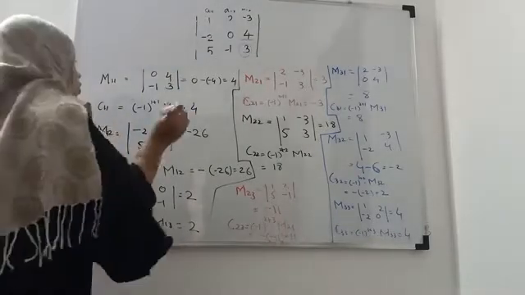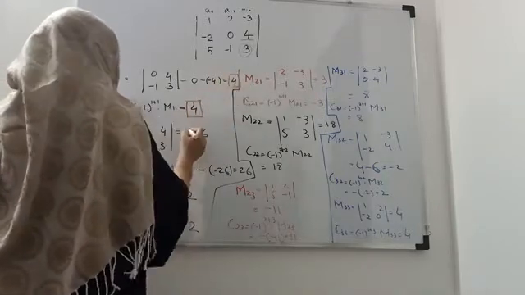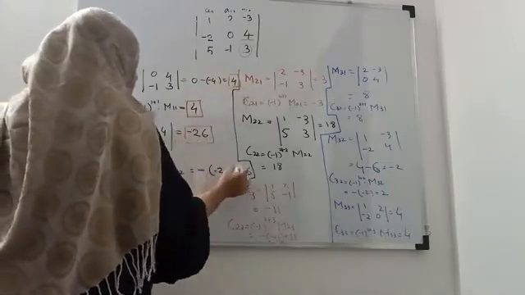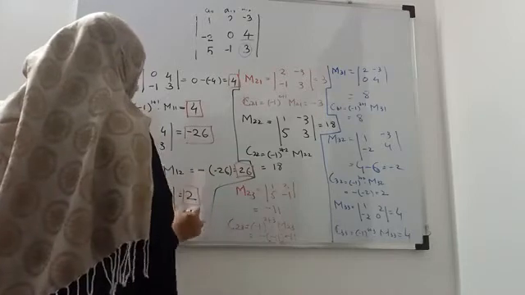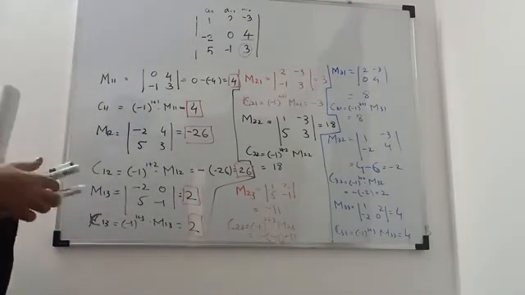So the cofactors are these, and these are the minors. There are a total of 9 cofactors.